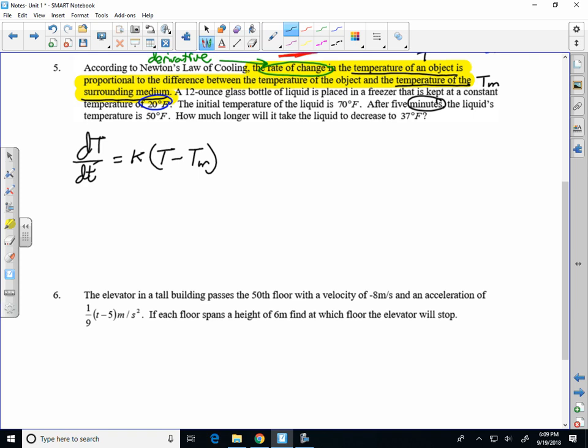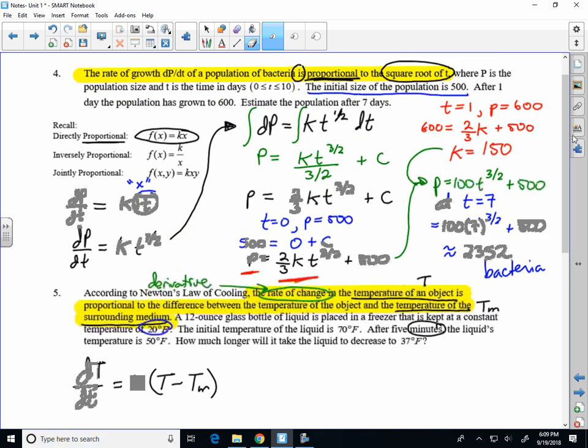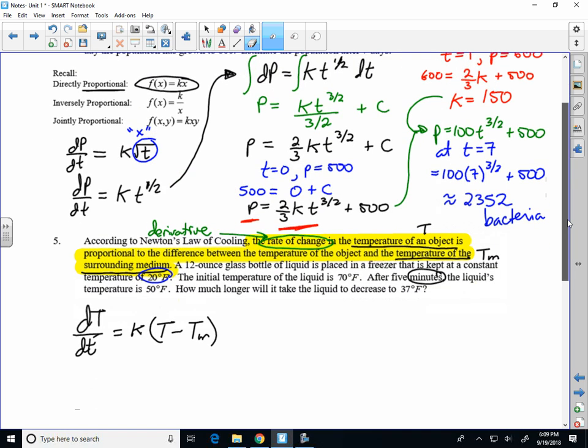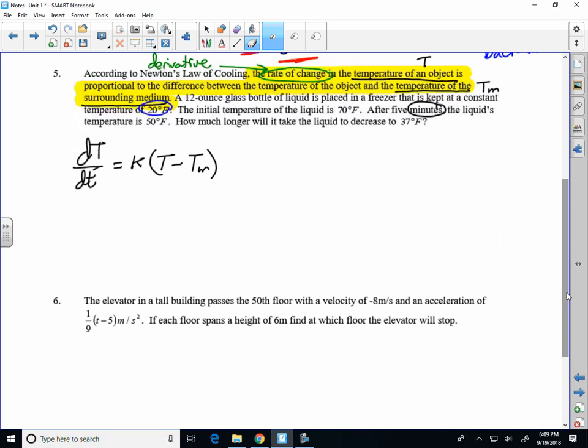All right. Well, it comes from two places. One, if you're a memorizing kind of person, it comes from the model f of x equals kx. But a proportional relationship is just talking about two variables being related to one another.